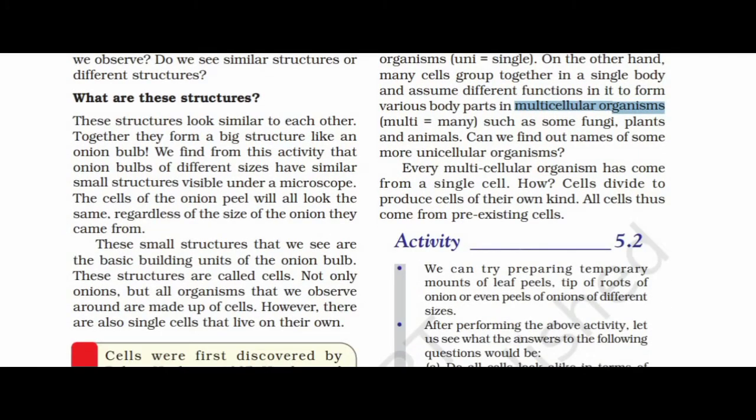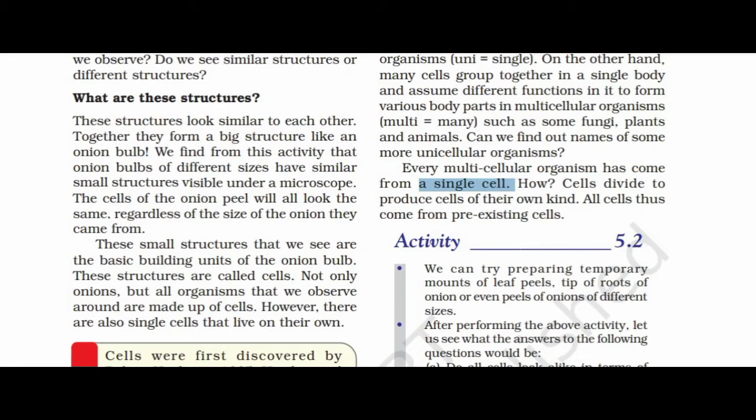Every multicellular organism has come from a single cell. How? Cells divide to produce cells of their own kind. All cells thus come from pre-existing cells. It means every multicellular organism has come from a single cell.